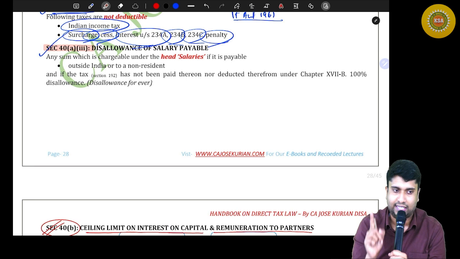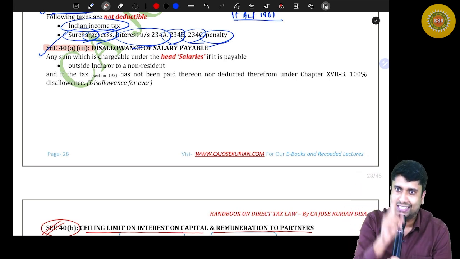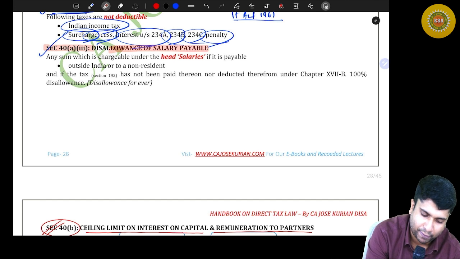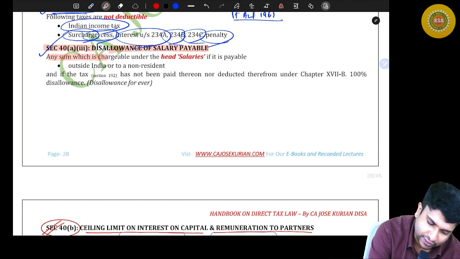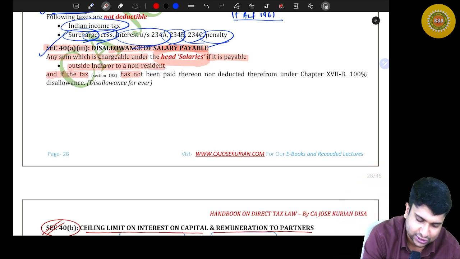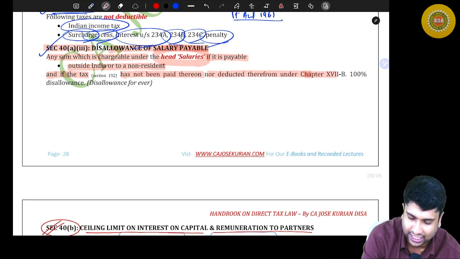Section 40, clause A, subclause 3: disallowance of salary payable. Any sum chargeable under the head salary, if payable outside India or to a non-resident, and if tax has not been paid thereon, nor deducted therefrom, under Chapter 17B.